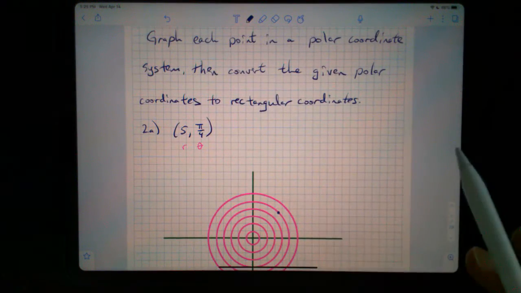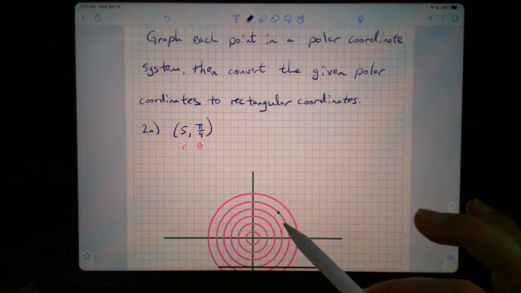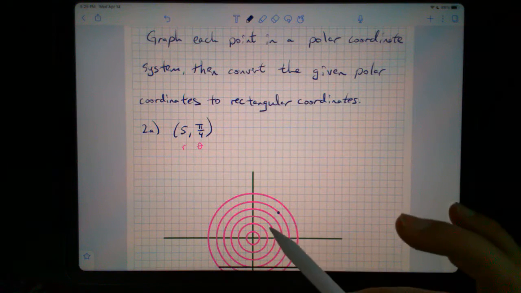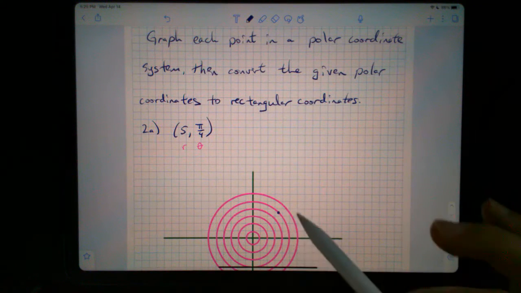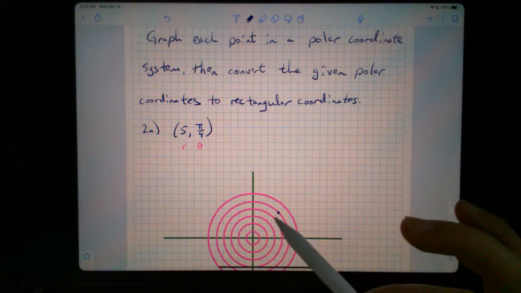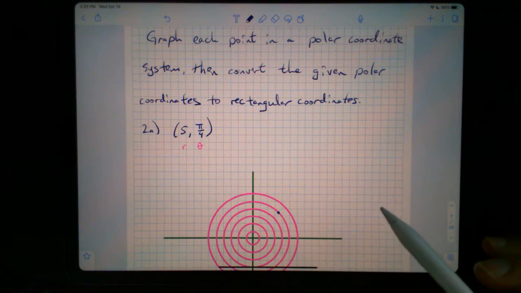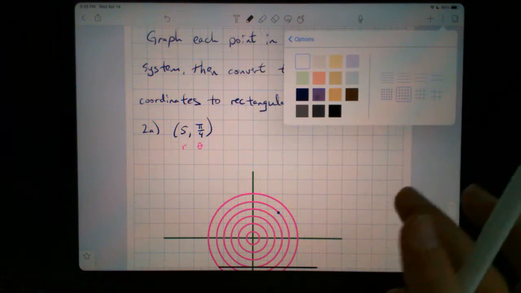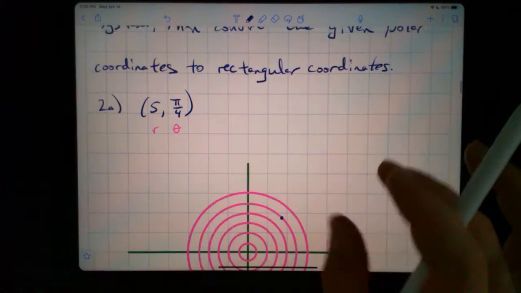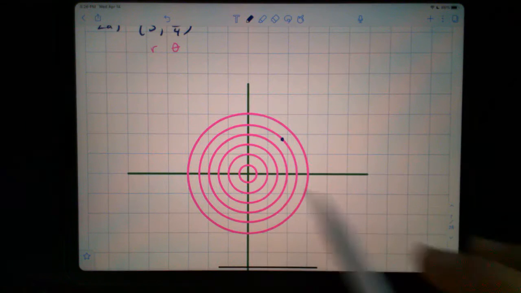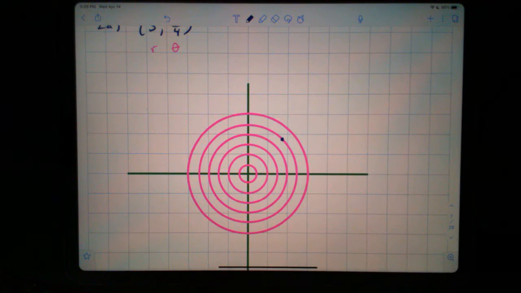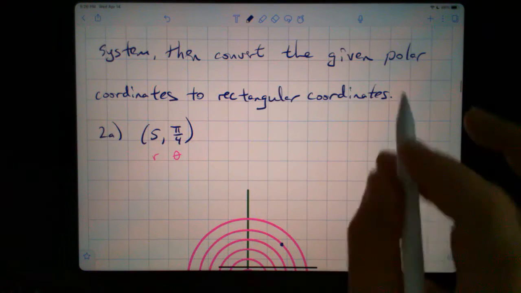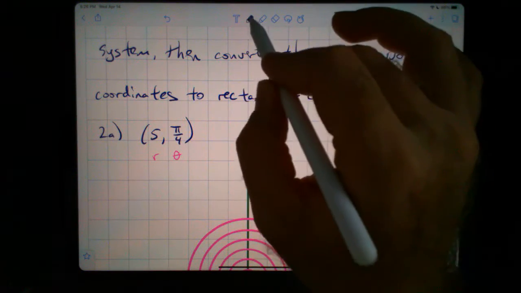So graph each point in a polar coordinate system. That satisfied the question. This would be about 45 degrees up, pi over 4 up, and it is 5 units away from the origin. You can get polar graph paper. Polar graph paper has these concentric circles on it. Now, convert the given polar coordinates to rectangular coordinates.